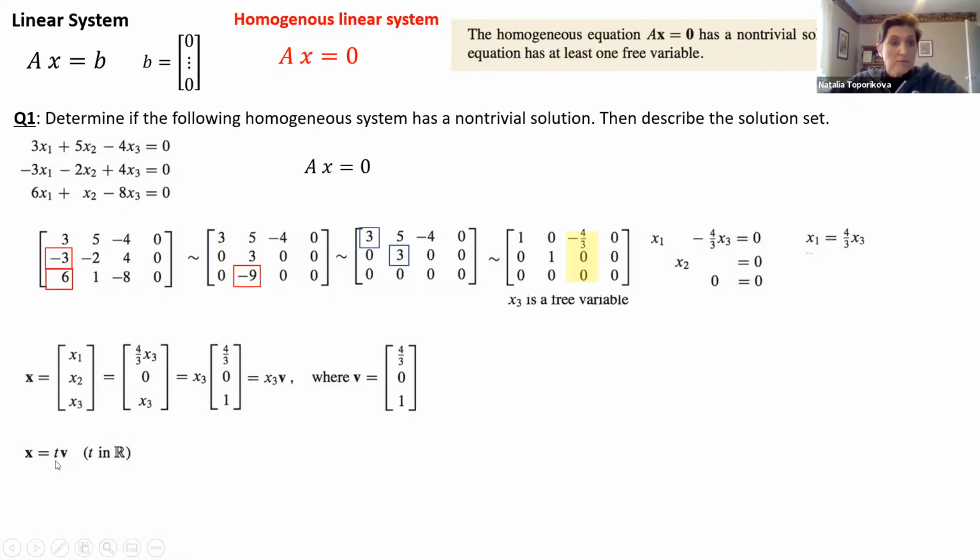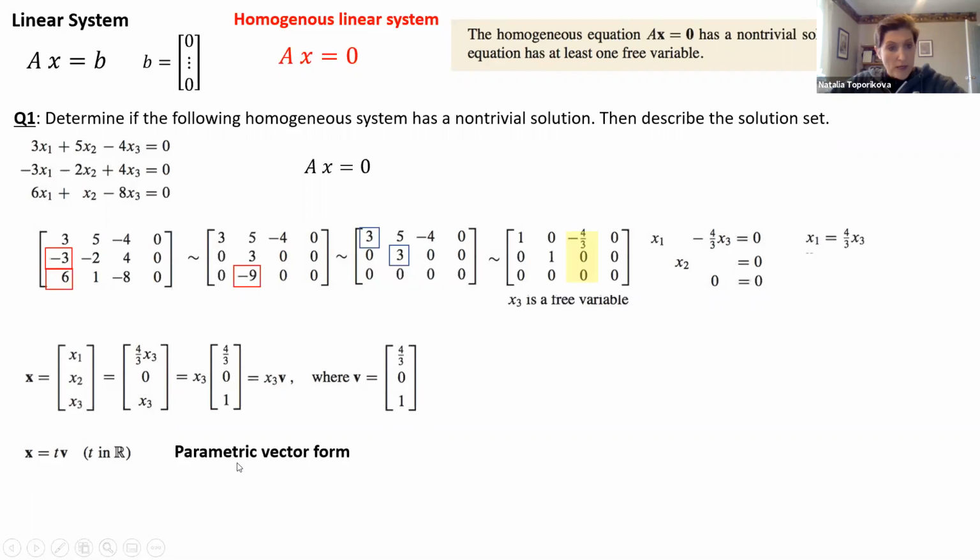So here, our solution x is a linear combination: any number t times our vector v, which is given by 4/3, 0, and 1.